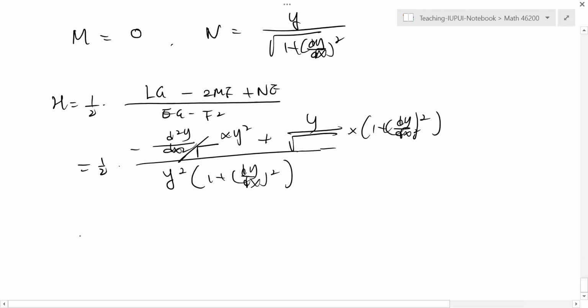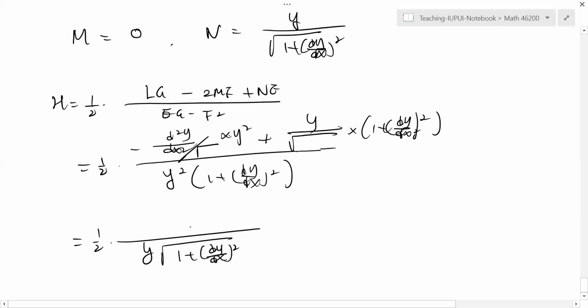It's divided by 2, so 2 is kept here. Then I have this part. Yeah, this first part is here, so it's a y, and cancel this term. It's a square root of 1 plus dy dx squared.